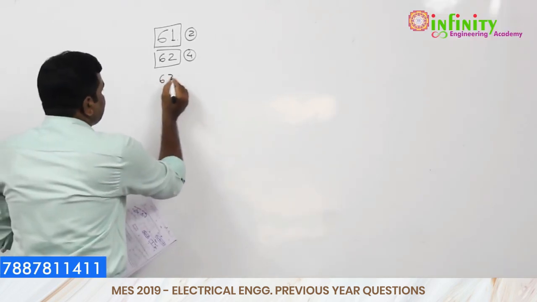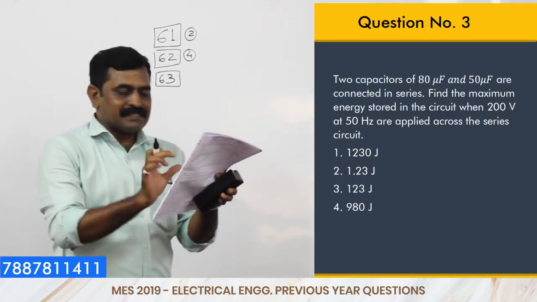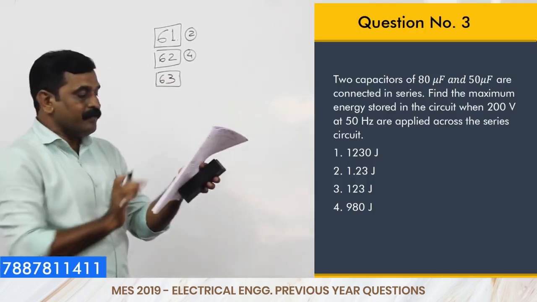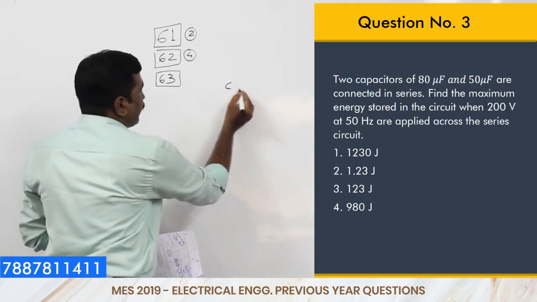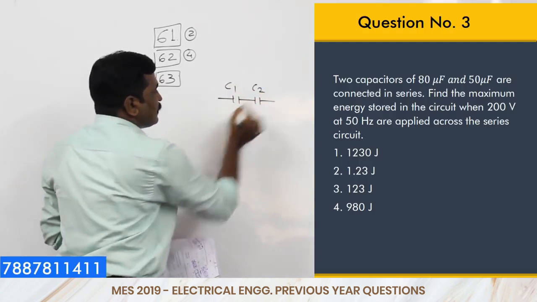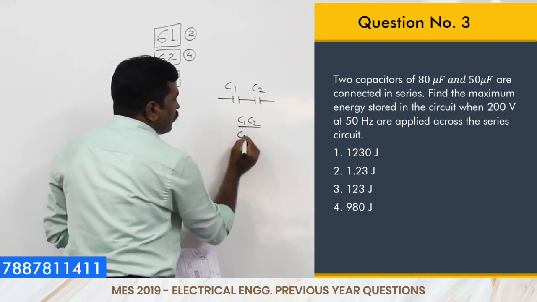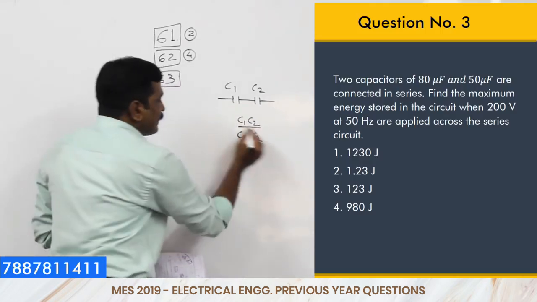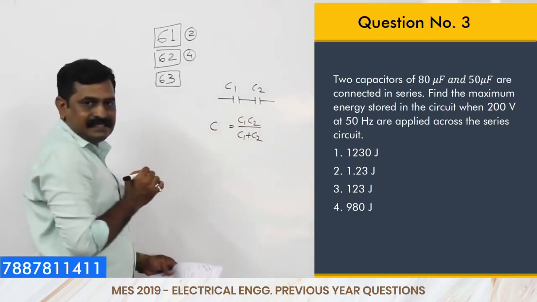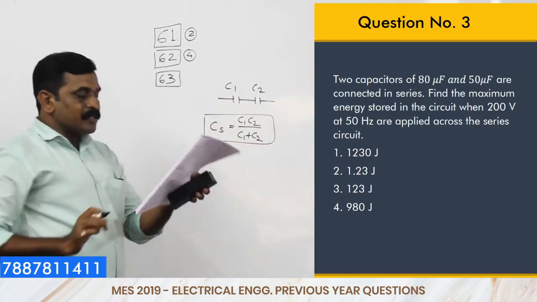Then question number 63, this is according to this particular part. There is some confusion regarding this particular part because 2 capacitors are connected in series. So this is C1 and C2. Resultant capacitance is nothing but C1 C2 divided by C1 plus C2. So this is the resultant equivalent capacitance in series. And what is the question?